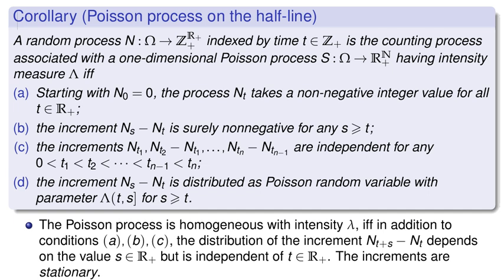Furthermore, the Poisson process is homogeneous with intensity lambda if, in addition to conditions A, B, and C, the distribution of the increment N(t+s) minus Nt depends only on the length of the interval as an element of R plus, but is independent of the starting time t as an element of R plus. In this case, the increments are said to be stationary.